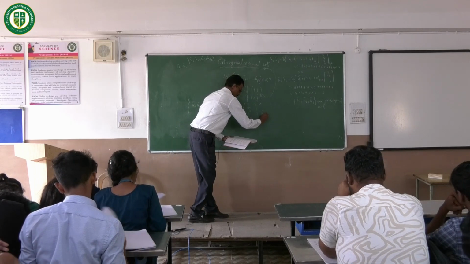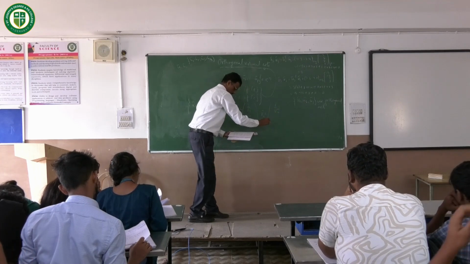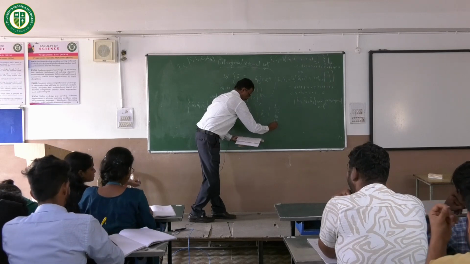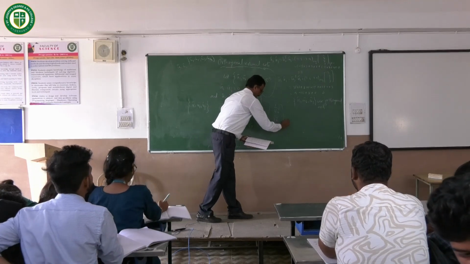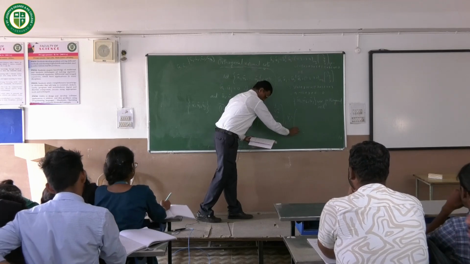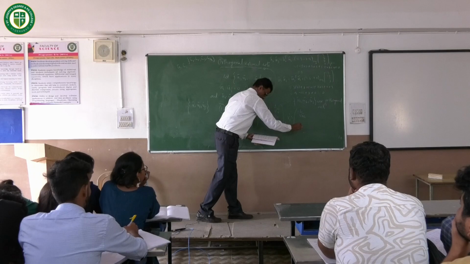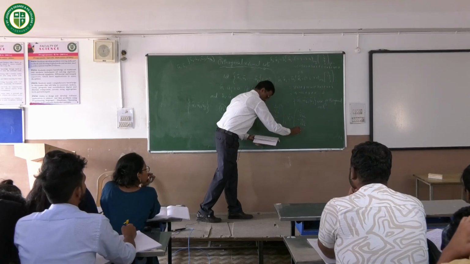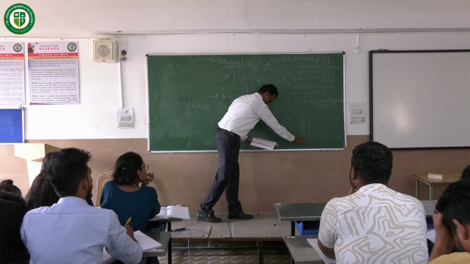V2 bar is equal to, I will give one more vector, minus 1 by root 6, 2 by root 6 and 1 by root 6. And the third vector, V3 bar is equal to minus 1 by root 66, minus 4 by root 66 and 7 by root 66. These are the 3 vectors.